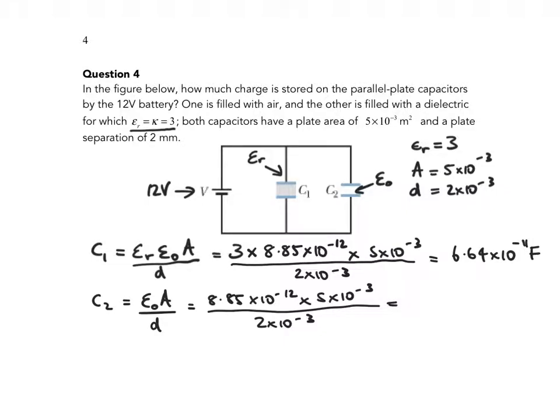And I get a capacitance of 2.21 by 10 to the minus 11 farads. That's about a third of the other one, and that's to be expected since the relative permittivity is 3.